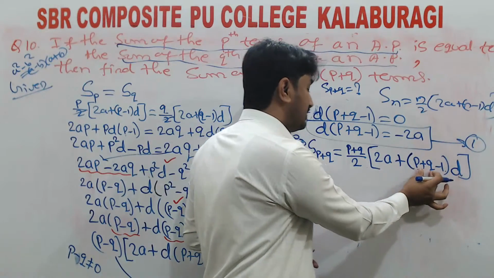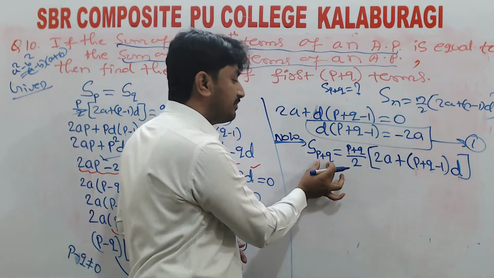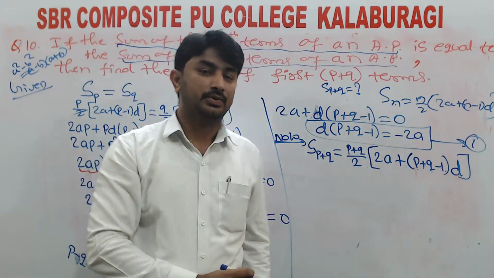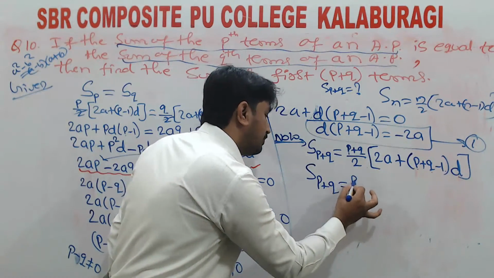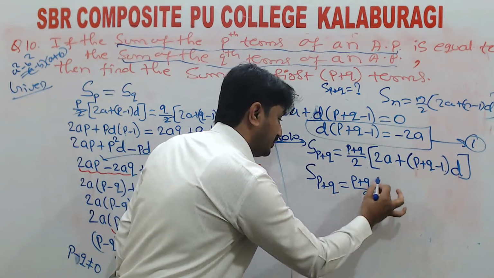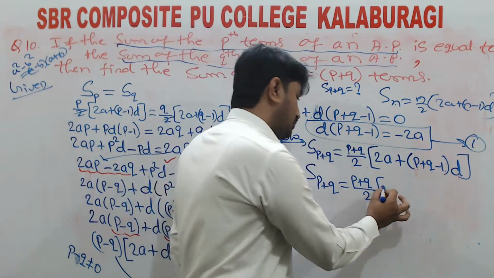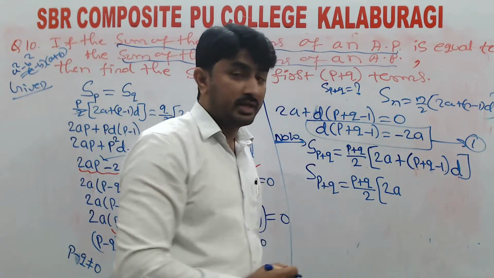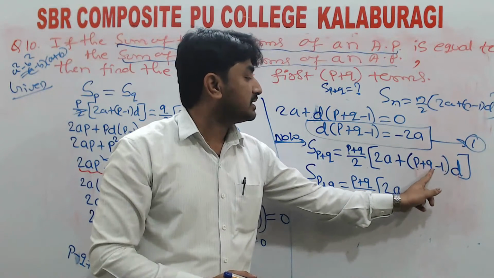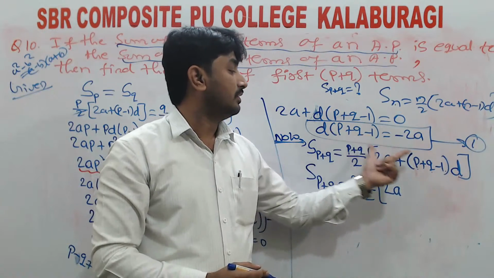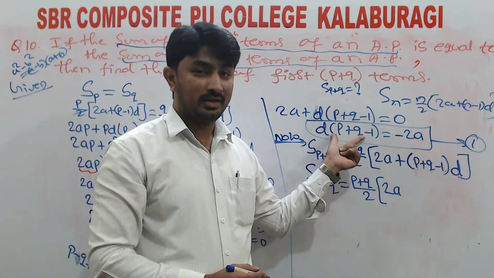Here, S of P plus Q is equal to (P plus Q) divided by 2, written as it is, and 2a also written as it is. But I am using the equation value here: D into (P plus Q minus 1). These two terms are the same, so what is its value?